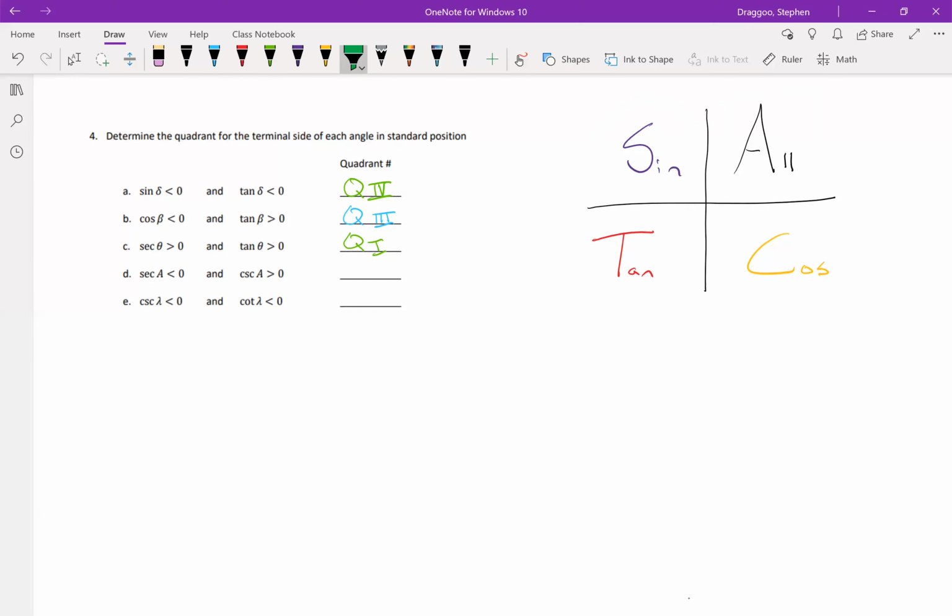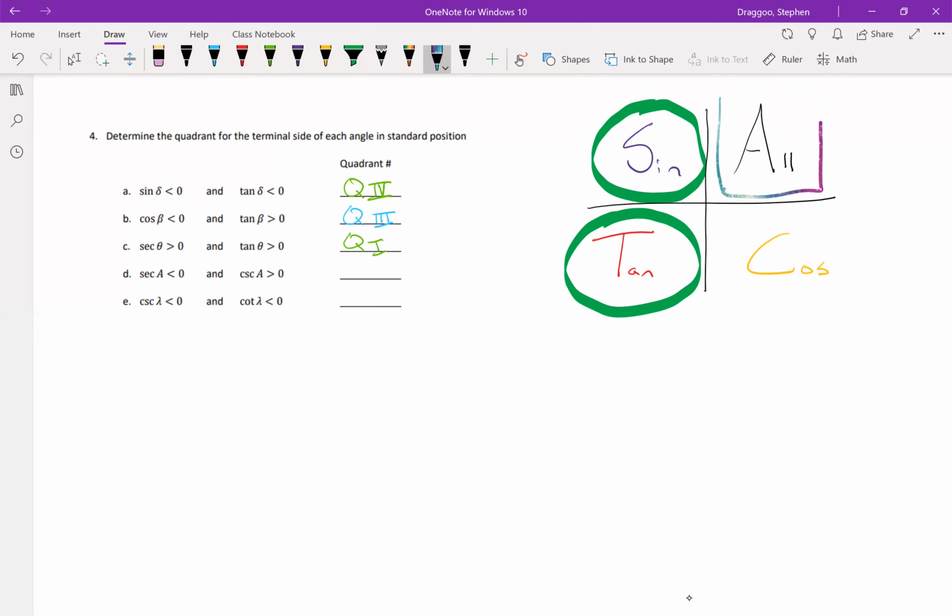So secant is negative wherever cosine is negative, which means quadrants 2 and 3. Cosecant is positive wherever sine is positive, so quadrants 1 and 2, which must mean that we're in quadrant 2.